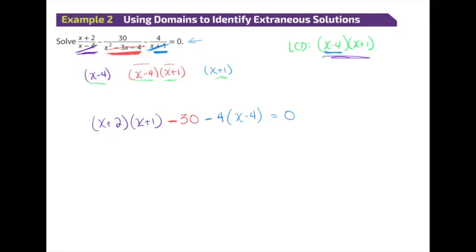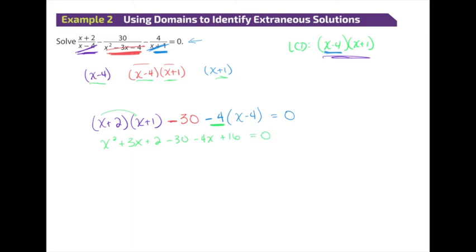And so once again, you're going to do this exactly the same. You're going to FOIL this, x squared plus 2x plus 1x plus 2 times 1 minus your 30. Don't forget you are subtracting here, so distribute your negative 4. Negative 4 times x, negative 4 times negative 4. All right?